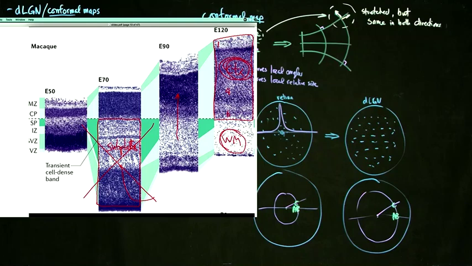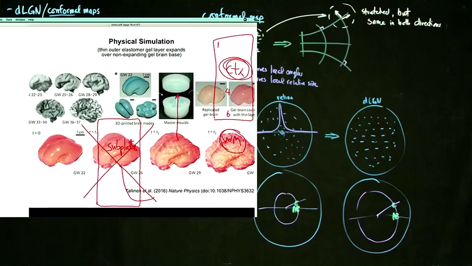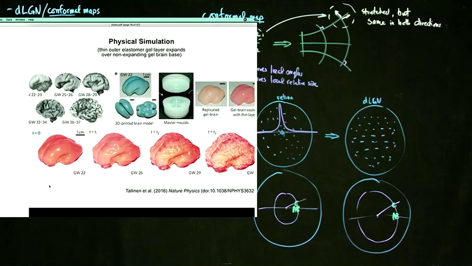Okay. And I talked a little bit, I'm almost done, about how the folds in the cortex work. If you look at the cortex, you can see it's all folded up, which makes life hard.